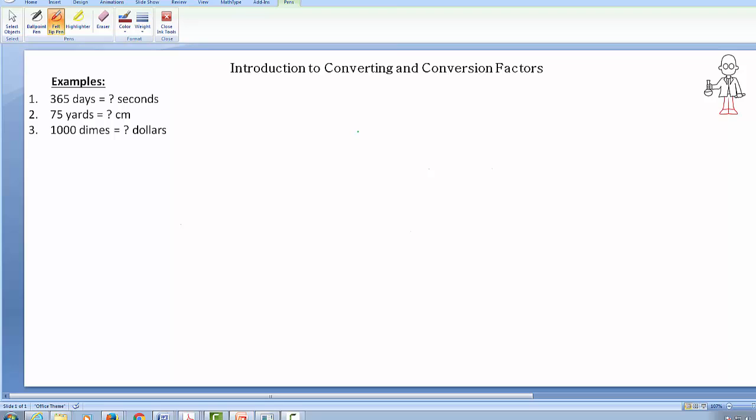Okay, so what we will use is called the factor label method, where we label the units and we cancel out those we don't need in the denominator, and we keep those that we need in the numerator.